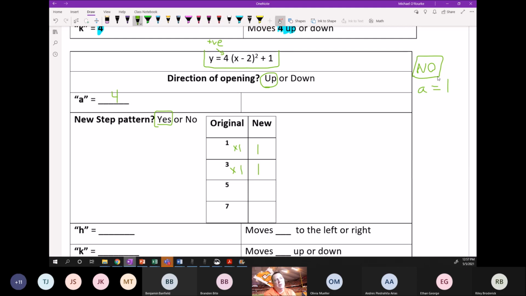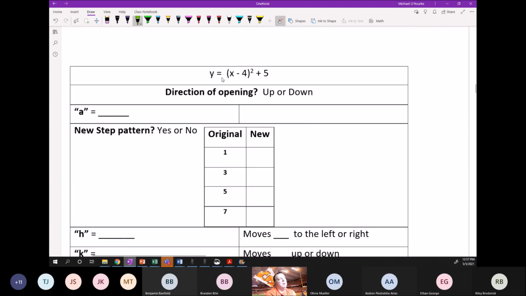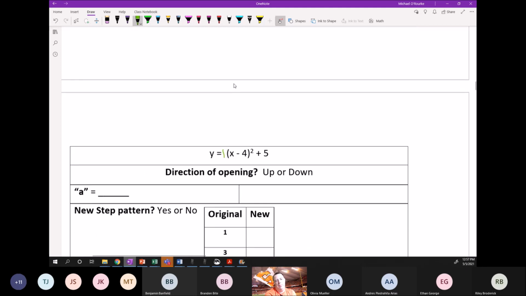So if A equals 1, no step pattern. Now, if A equals -1, you would, because 1 times -1 is -1. This would be -3. So I think I did one. This one here has no step pattern because there's a 1 right here. Does that make sense to everyone?